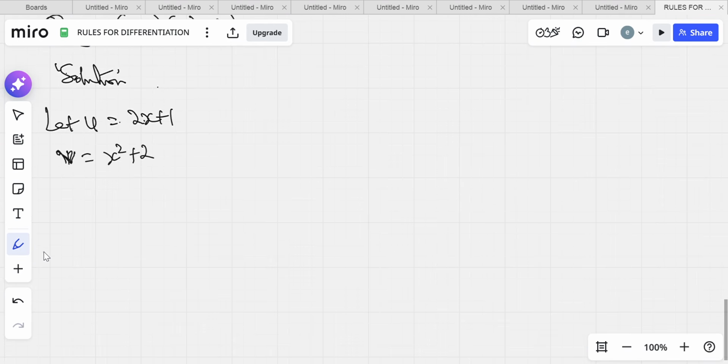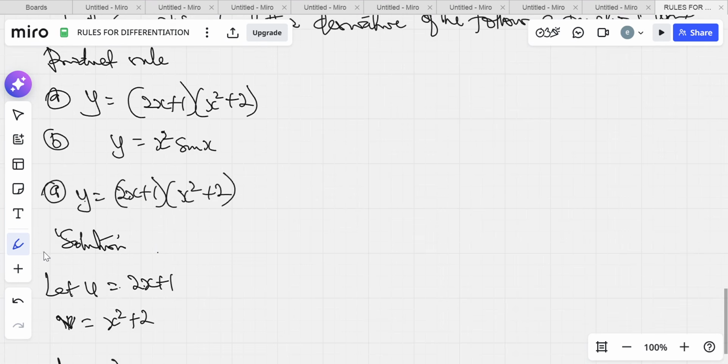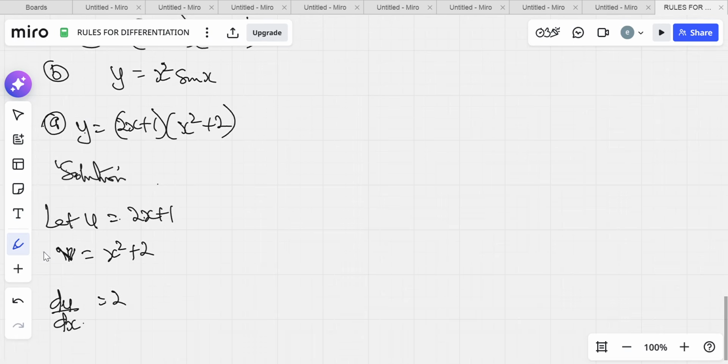So note that du over dx is equal to 2. To differentiate u, we have 2.